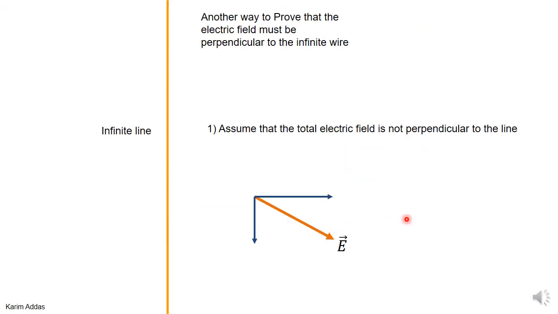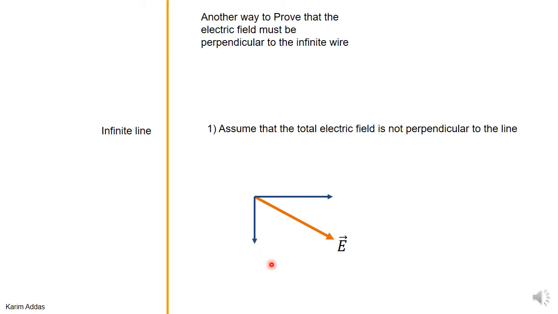The same kind of argument you can make with the symmetry argument that we did before for the sphere. If you take the infinite line of charge and you assume that the electric field doesn't point radially, say it points at some angle like this so that there's a parallel component of electric field.